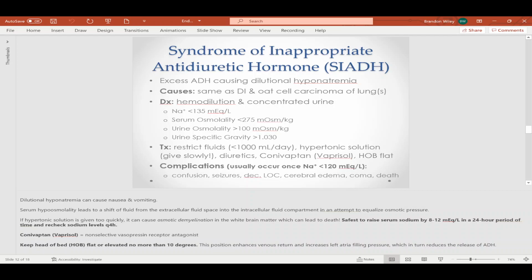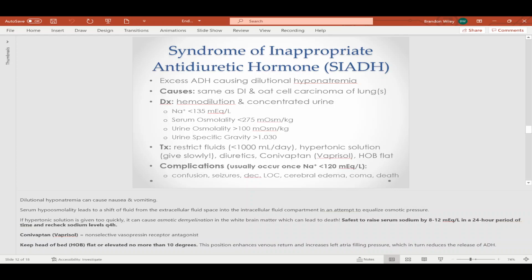Hypertonic solution. Who can tell me what hypertonic solution is? Yeah, so this is typically your 3% saline, which is a very, very dangerous type of saline. So you have to give it slowly. Why? Yeah, exactly. You can cause demyelination of the white matter, and once these patients demyelinate the white matter, you are comatose and dead.